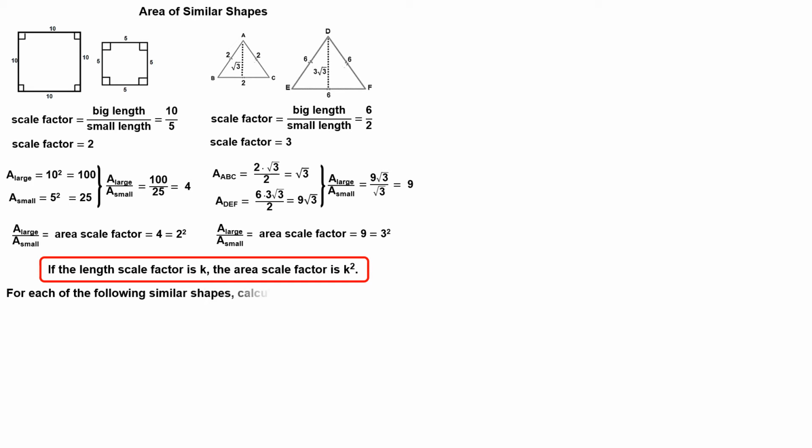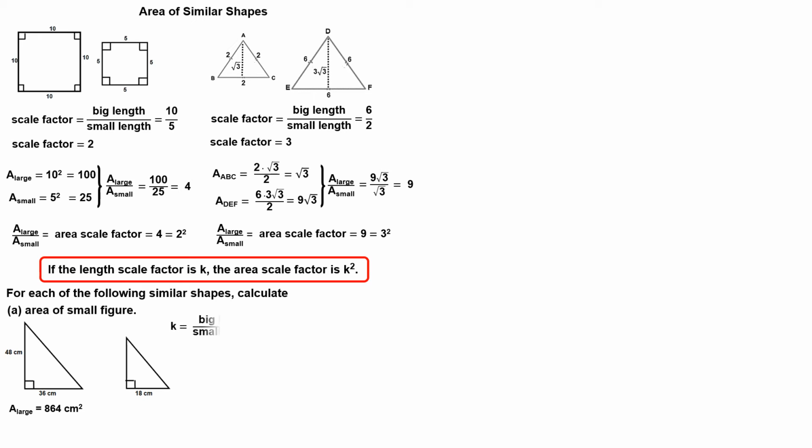For each of the following similar shapes, calculate the area of the small figure. Since the triangles are similar, their corresponding sides are in the same ratio. So we can find the length scale factor.